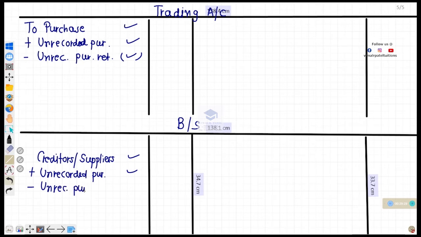Okay? Clear? So either on the opposite side or on the same side but minus. See, here we have added, so effect on the same side. Here we have subtracted, so here also we have subtracted. Subtracting on liability side is equivalent to adding on asset side.